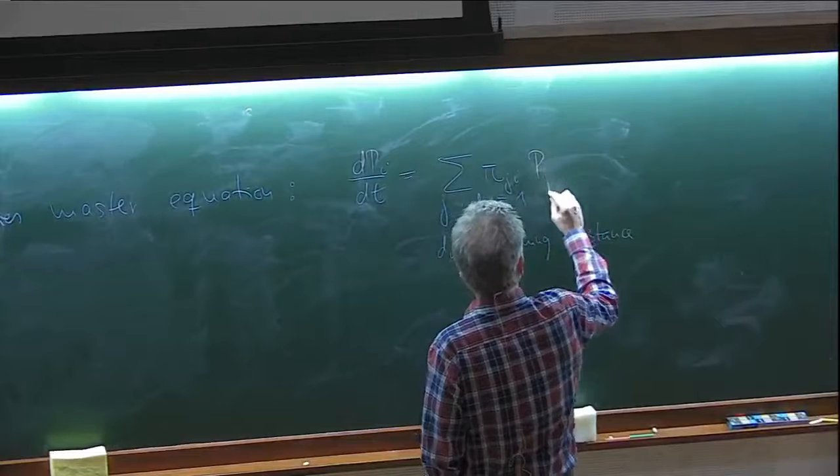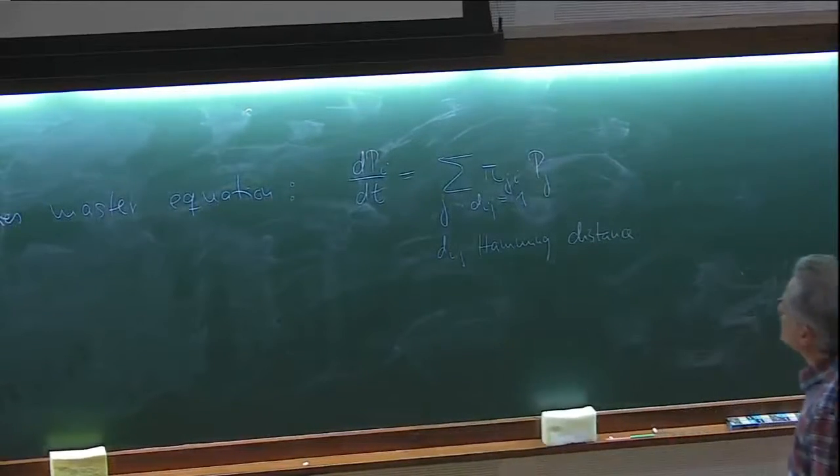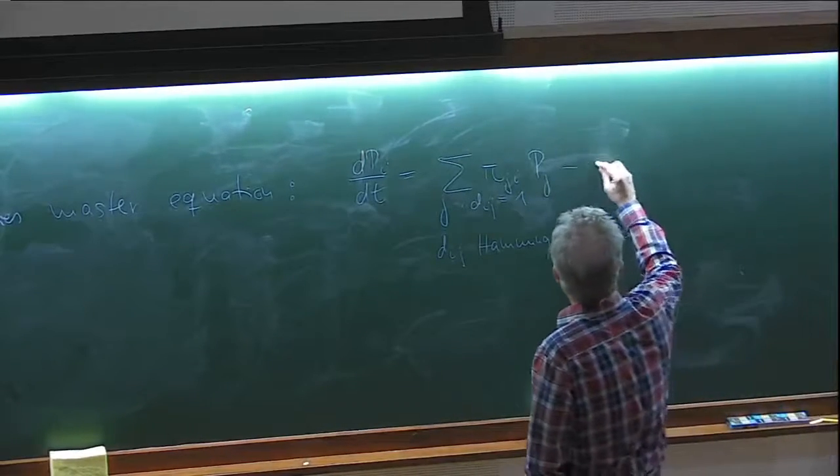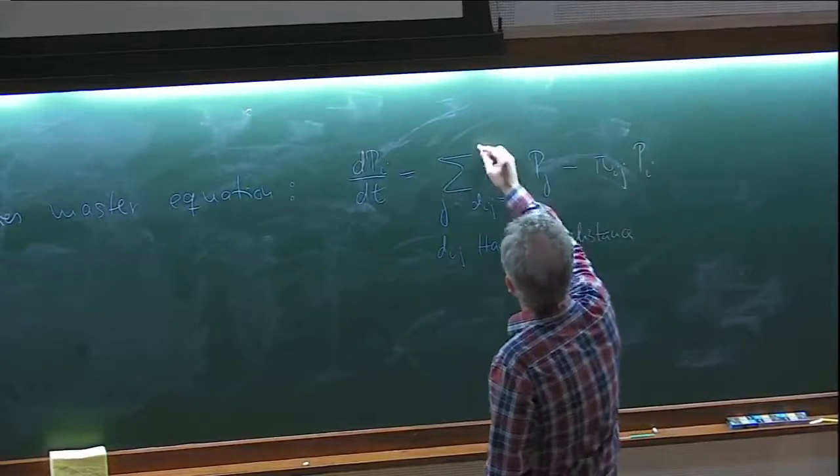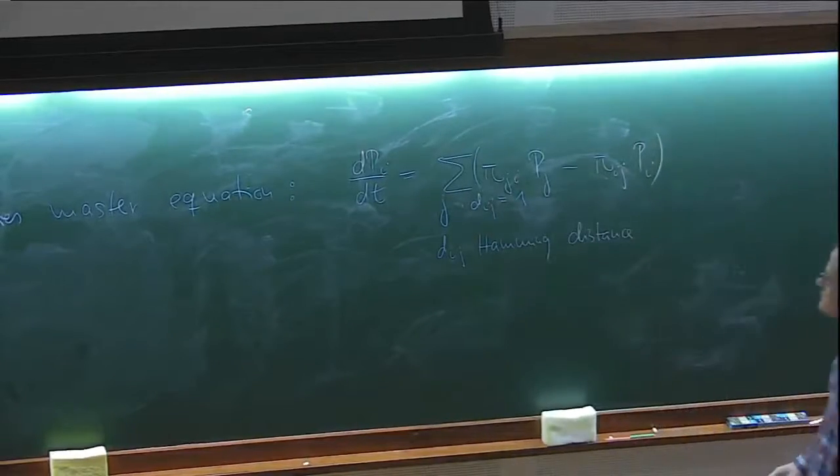And this happens with a probability given by the probability that it is at j before. And there is an outflow term, which is just p_ij times p_i. So this is the master equation, and this governs how the probability changes.